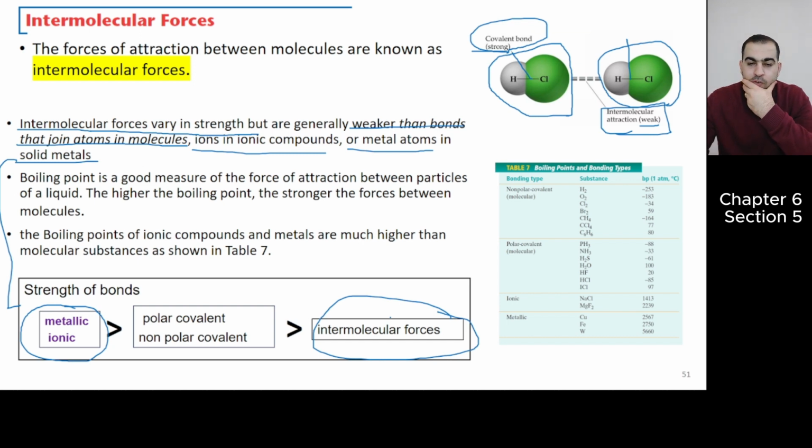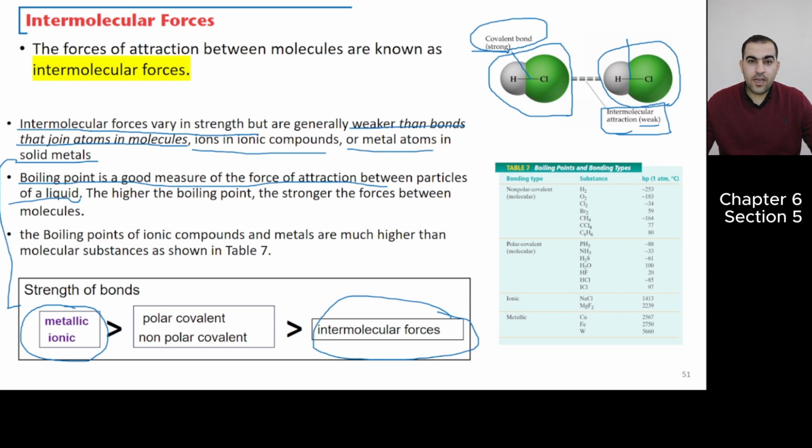And guys, for liquid molecules especially, boiling point is a good way to measure the force of attraction between particles of a liquid. To know the strength of intermolecular force between water molecules, we use boiling point.